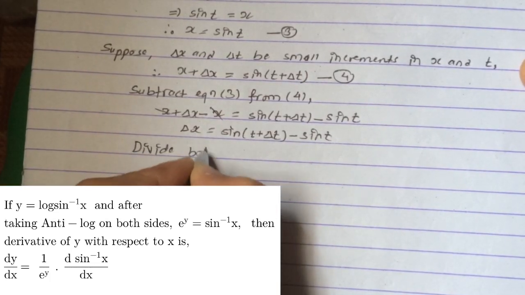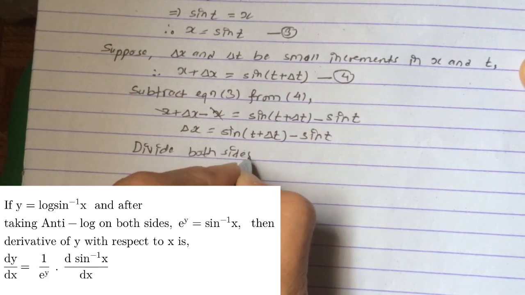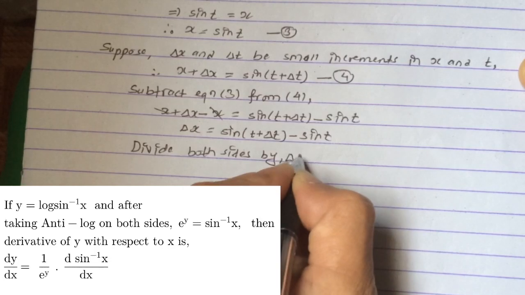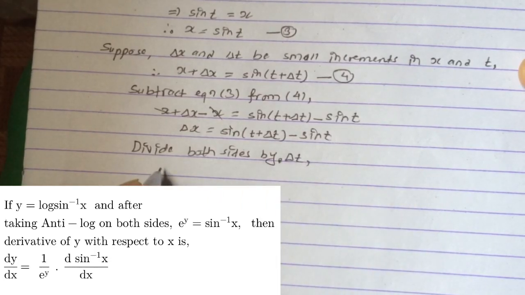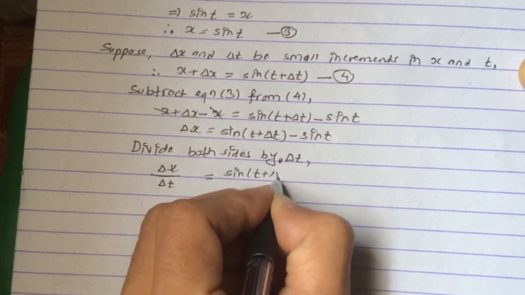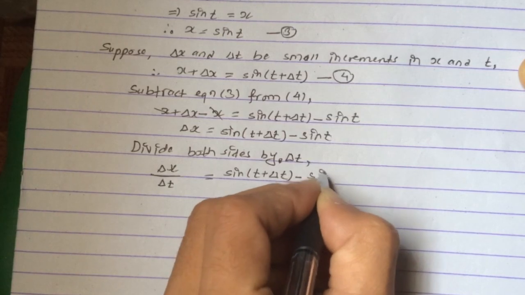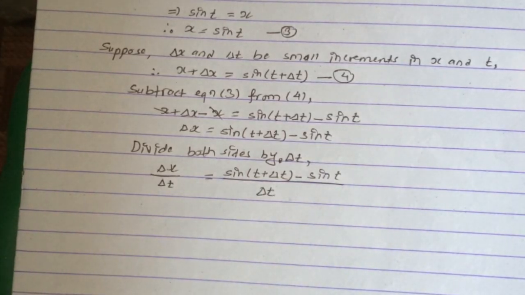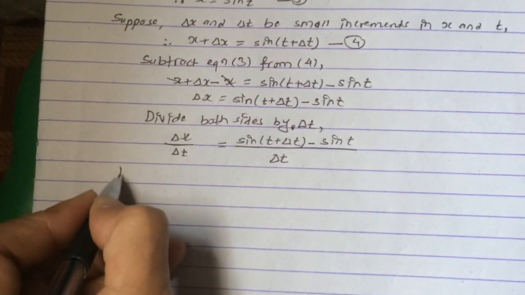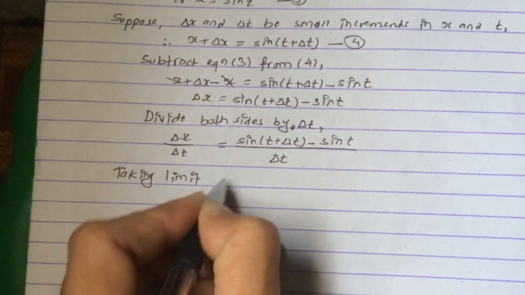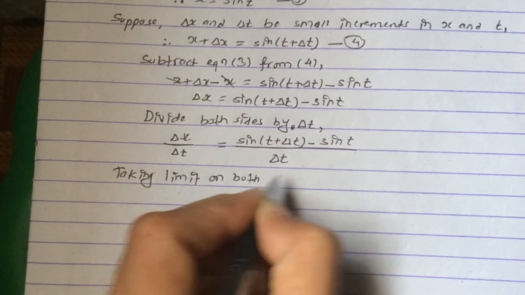We are going to find the derivative of sine inverse x by dx here first, so that we can insert it simply in the next step. After dividing the last equation by del t, we have del x by del t is equal to sine of t plus del t minus sine t whole divided by del t.